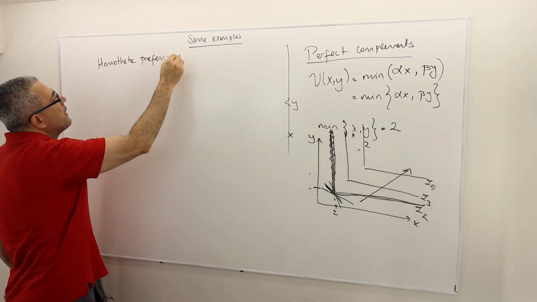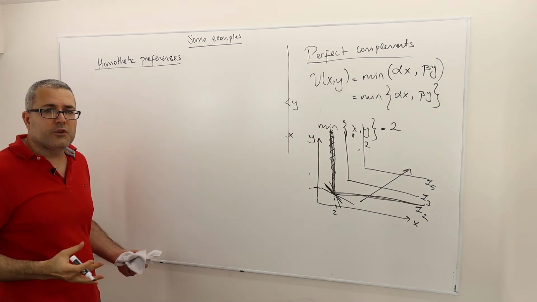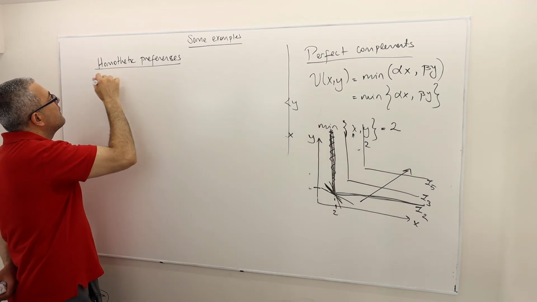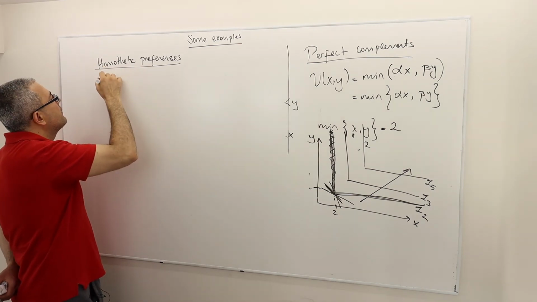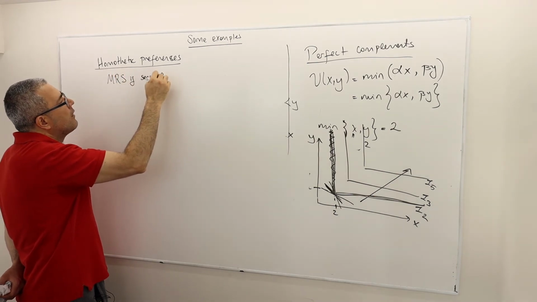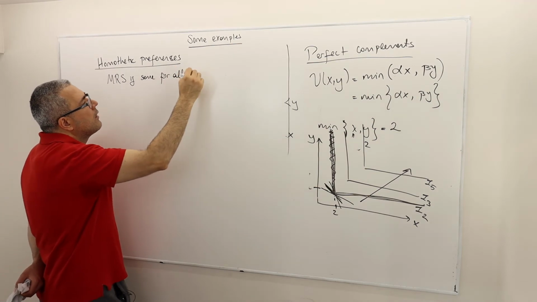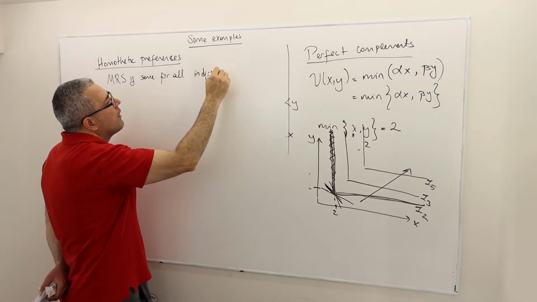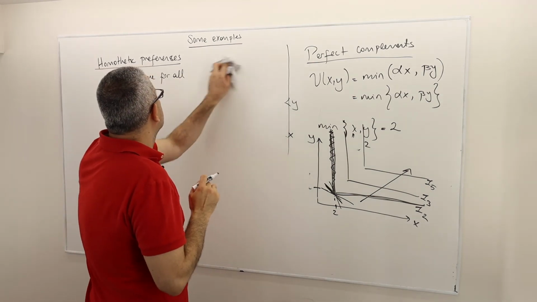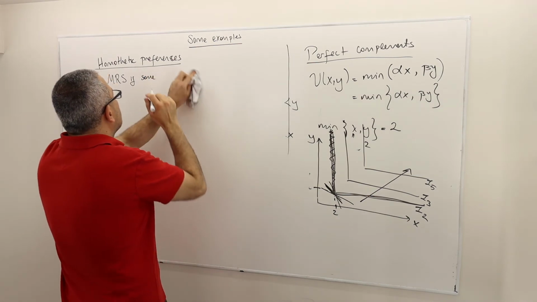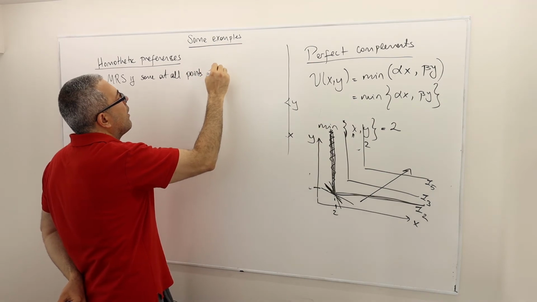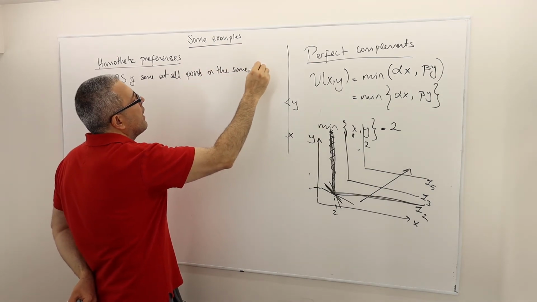It's just a special name we give to a certain group of preferences, and homothetic preferences have to satisfy the following condition: the marginal rate of substitution is the same at all points on the same array.